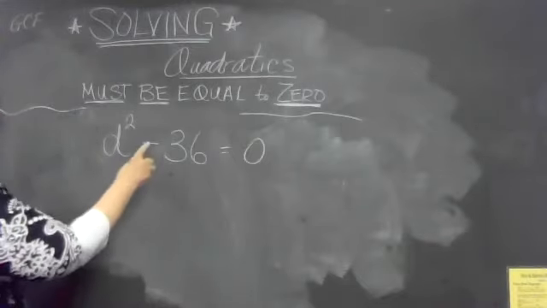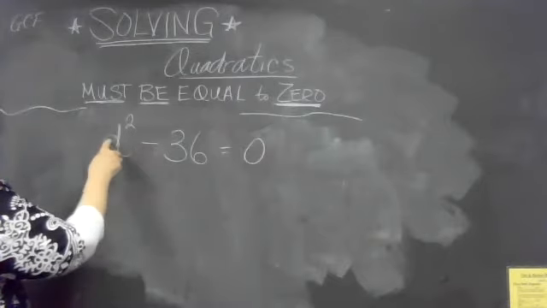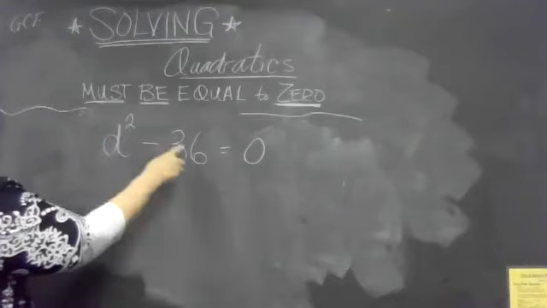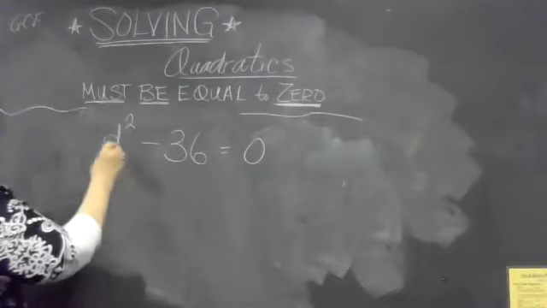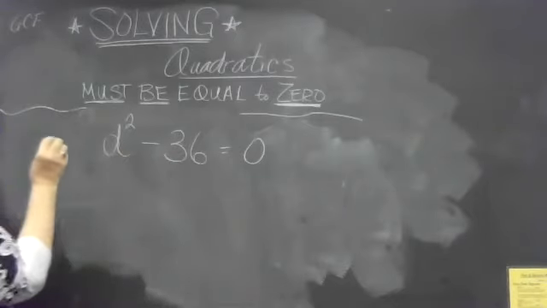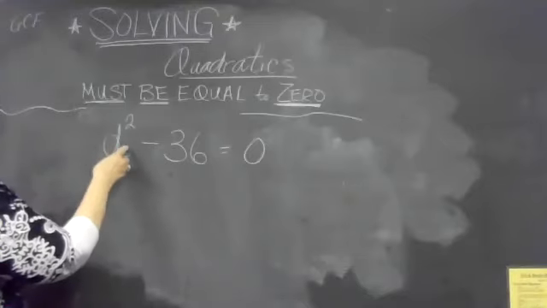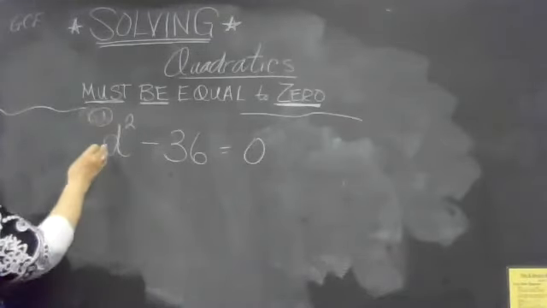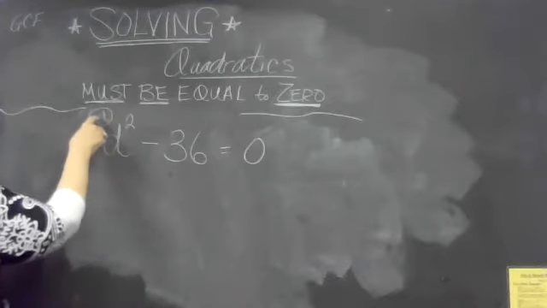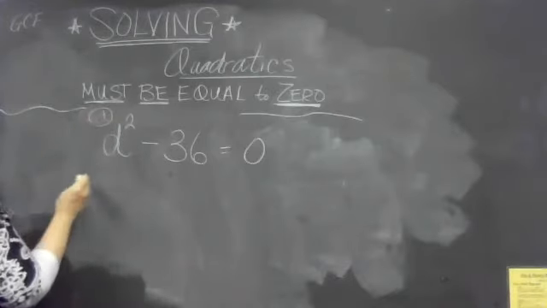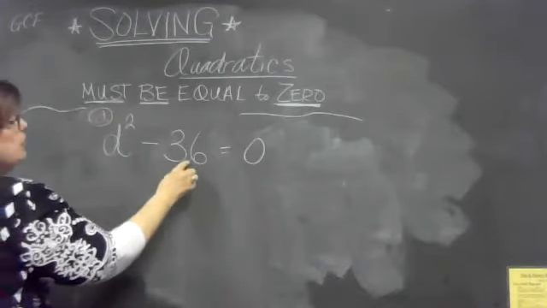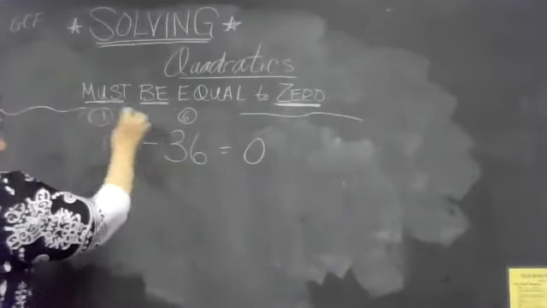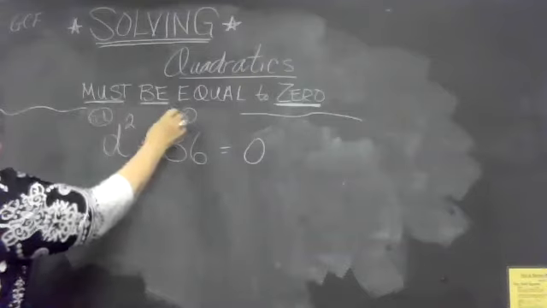This one is the difference of two squares. That means I can find the square root of this, and I can find the square root of this. Okay, so the square root of d squared is d. Be sure to circle the square root up here because these are the numbers that you'll use in your factoring. The square root of 36 is 6. So these are the numbers that will be in the parentheses.